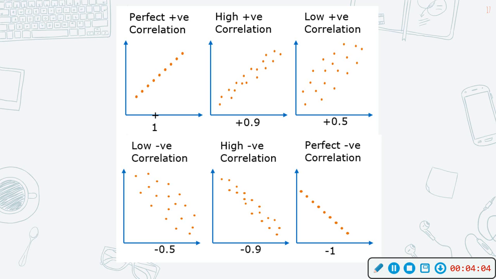They're both weak correlations. The difference is just the direction that they're going. All of the negative graphs are just going downwards. So the negative sign just tells us the direction that the dots are going. The actual number, 0.5, 0.9, tells us how close the dots are together, how strong our correlation is.